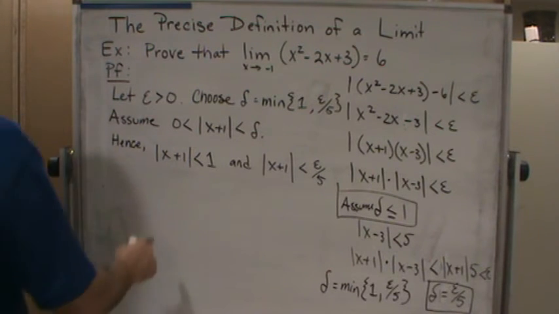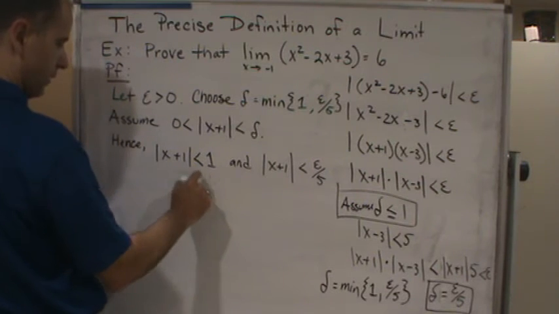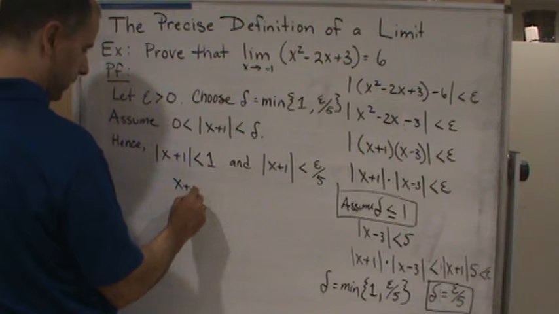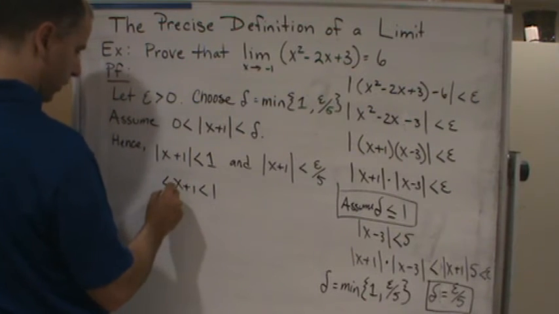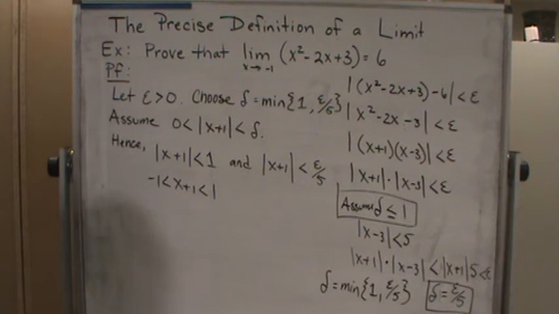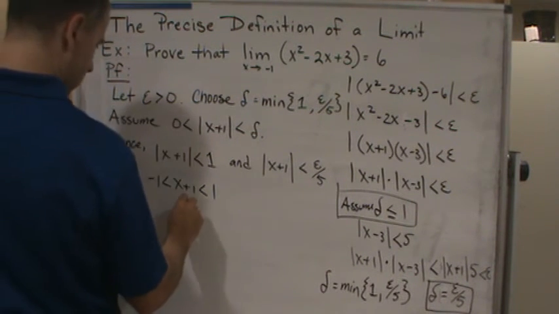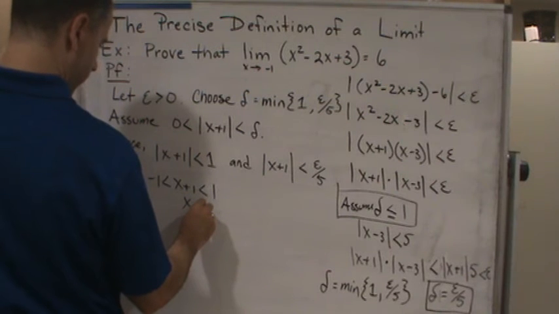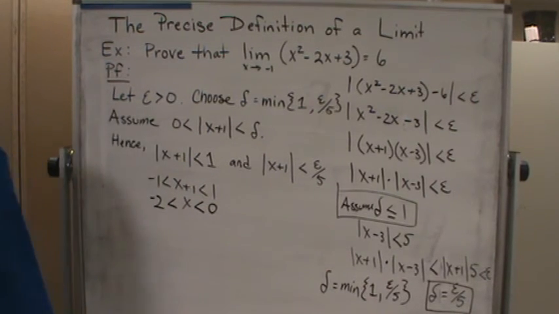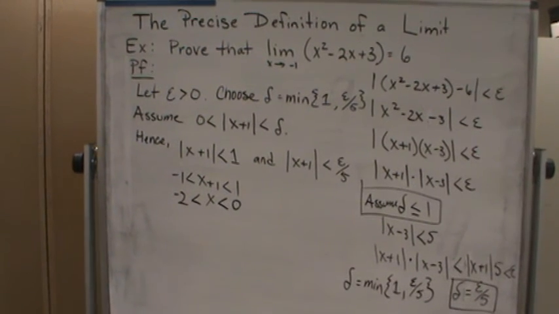Now, since this is less than 1, then what? x plus 1 is less than 1 and greater than negative 1. And then x is less than 0 and greater than negative 2.